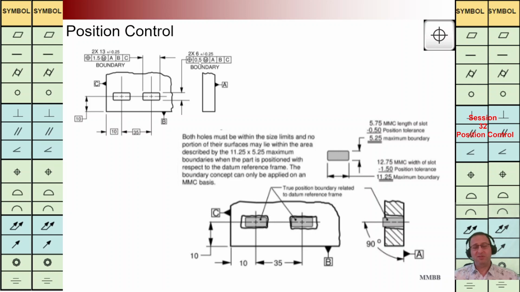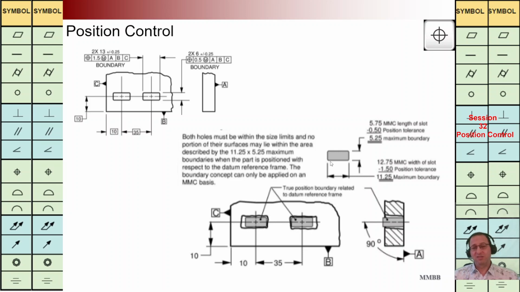In order to have a gauge, we can calculate the size of the gauge based on the modifier for both of them. We are going to calculate the smallest possible diameter or size of the hole, let's say.